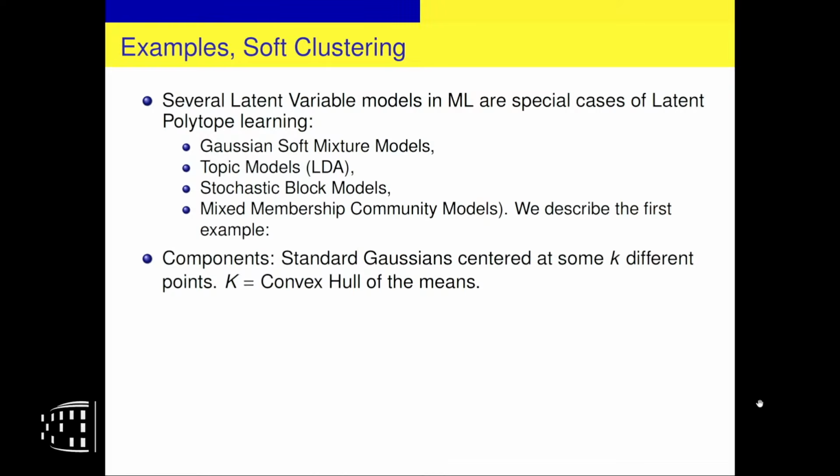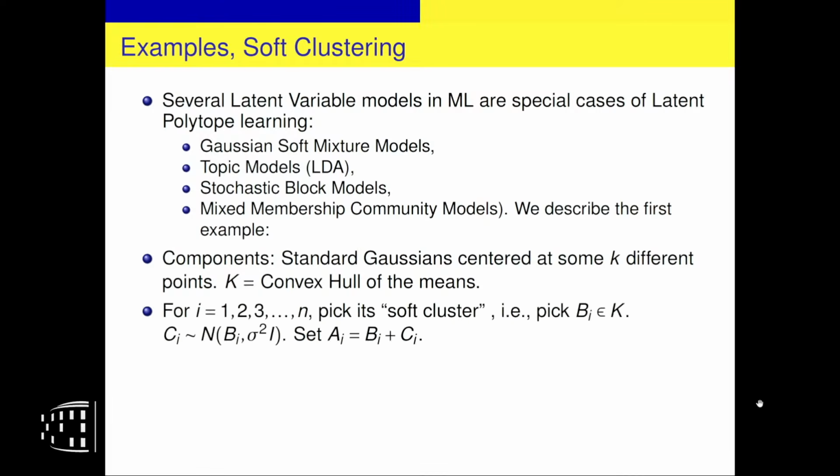So you're familiar with Gaussian mixture models where there are components. Here also there are components. The components are standard Gaussians, each centered at some point in K. There are little k different Gaussian components, and in big K the means are located. Okay.